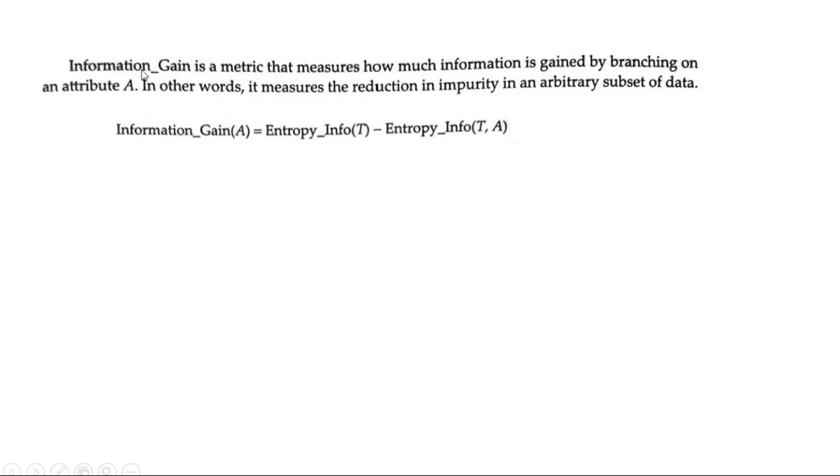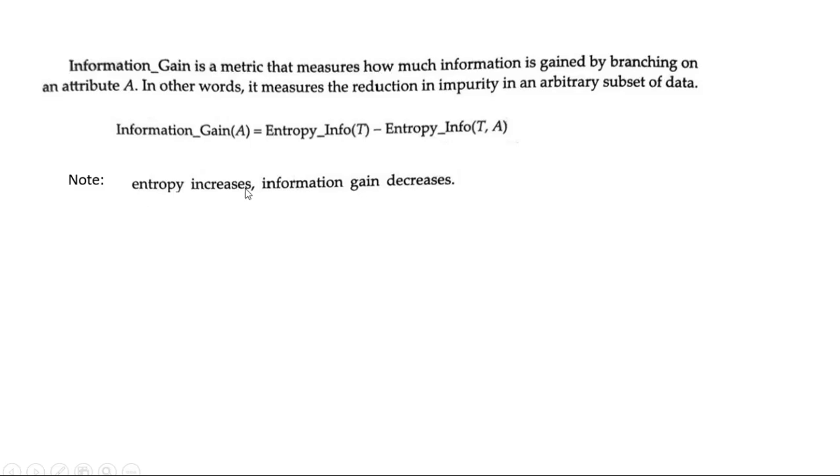So once you have calculated the entropy information, the next metric that I calculate is information gain. Information gain is nothing but the total entropy information minus the entropy information of the attribute. We calculated this in step 1, we calculated this in step 2. Just subtract these two, you get the information gain. So what you have to remember is entropy is inversely proportional to information gain.